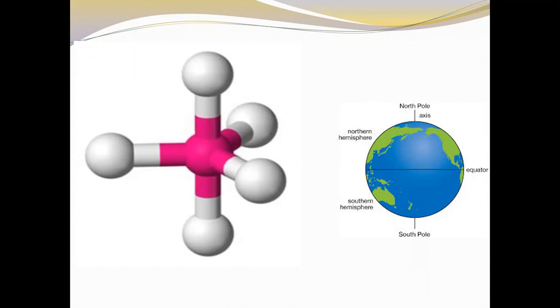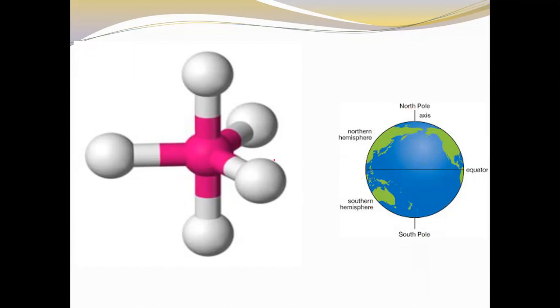And the way that I think about the axial and equatorial positions is I think about our Earth and how there's a north and a south pole and there's an axis. Those go top and bottom of the globe as you look at it, and then the equator cuts straight through the middle.